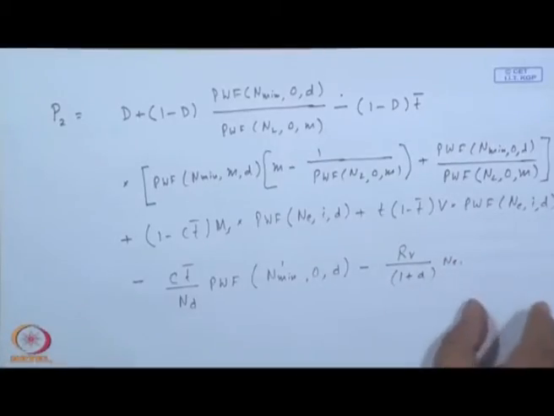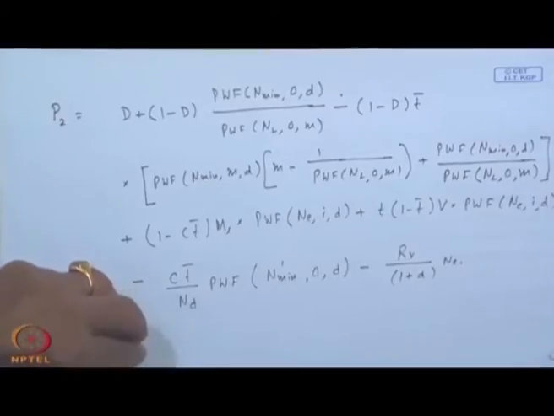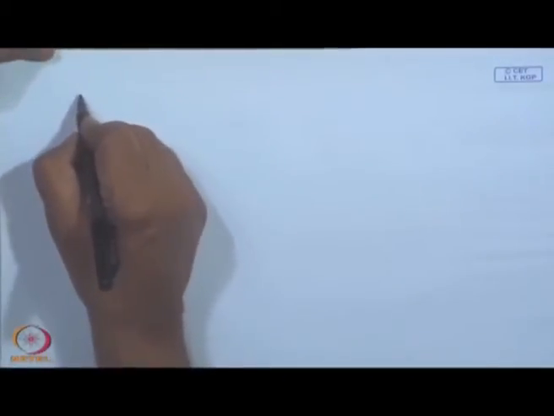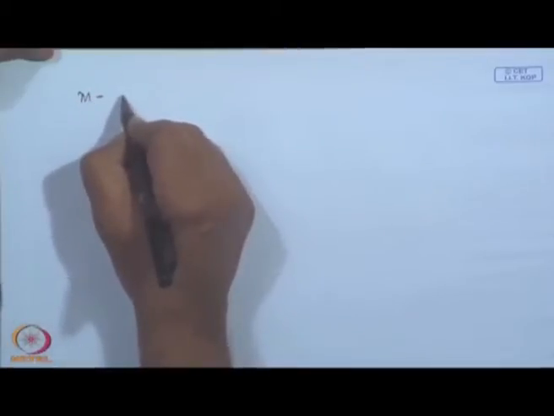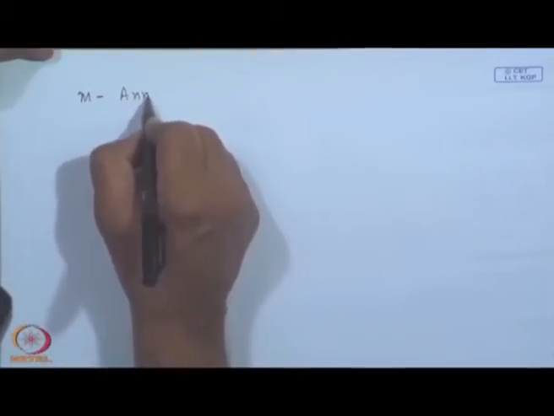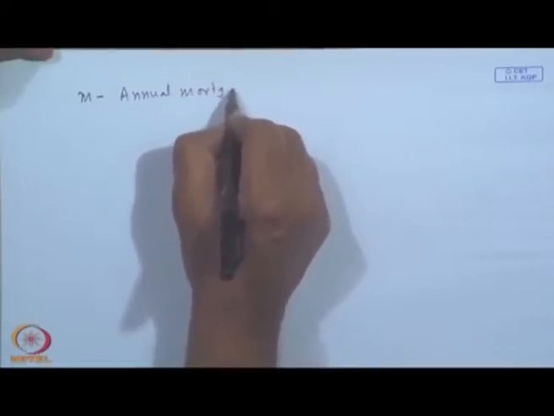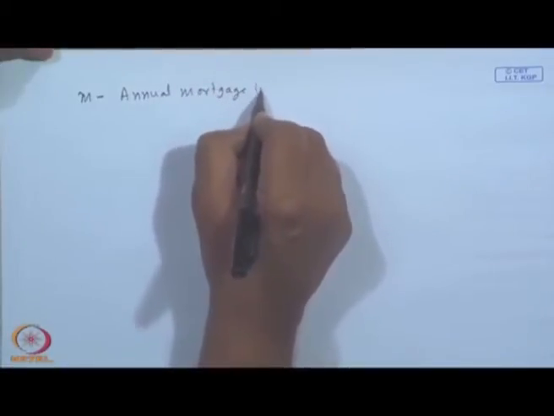So, this is a lengthy expression, and each symbol has a meaning and an explanation. M, annual mortgage interest rate.